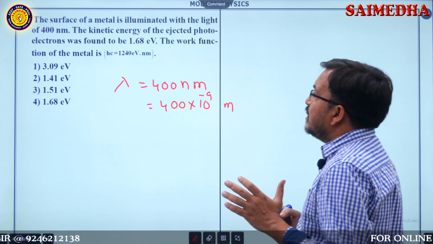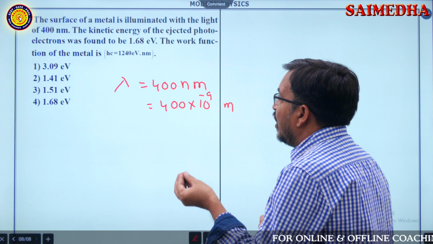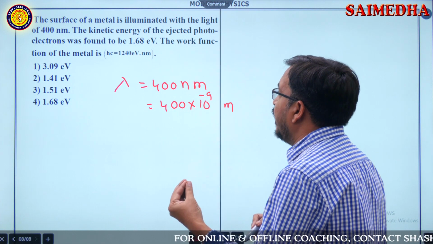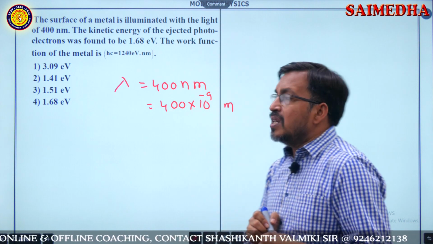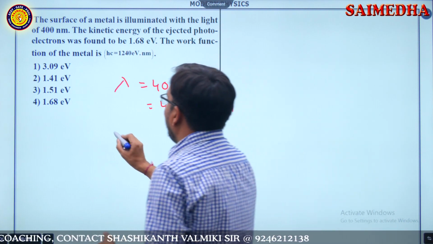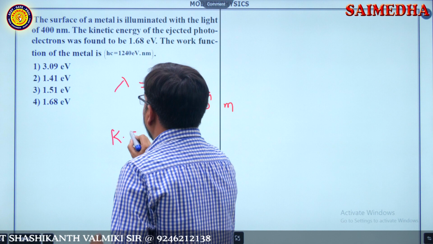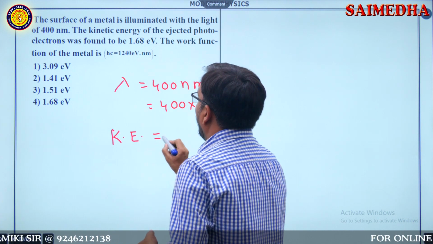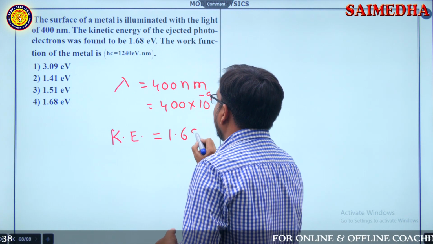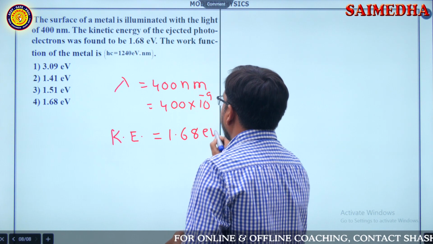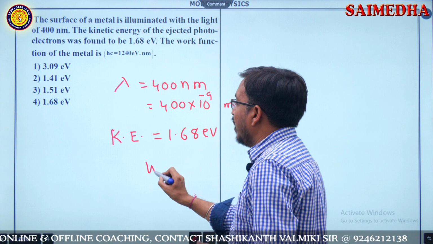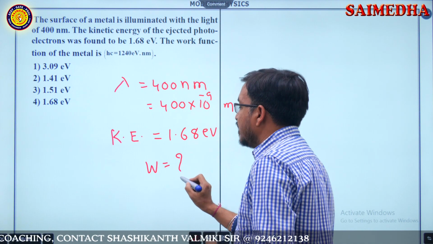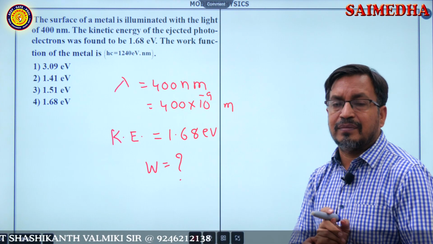The kinetic energy of the ejected photoelectrons was found to be 1.68 electron volts. So here the kinetic energy value is given. What is the kinetic energy value given here? 1.68 electron volts. Then it is asking what is the work function?